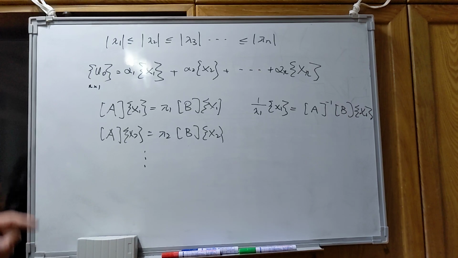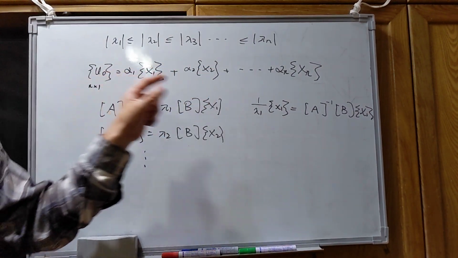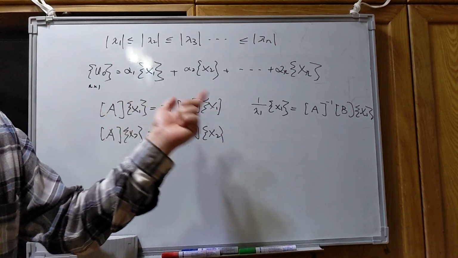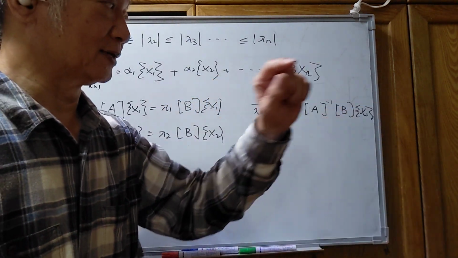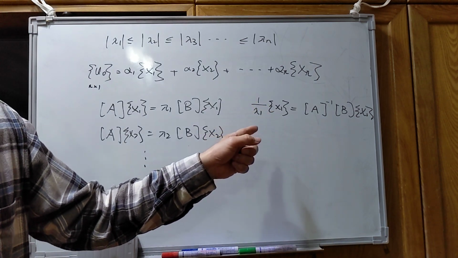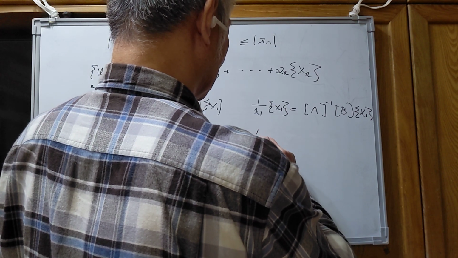Okay. From these equations, we can multiply A inverse to both sides, and also we can divide by lambda 1 on both sides. So we can get A inverse B times x1 equal to x1 divided by lambda 1. And the same equations can be applied to all.